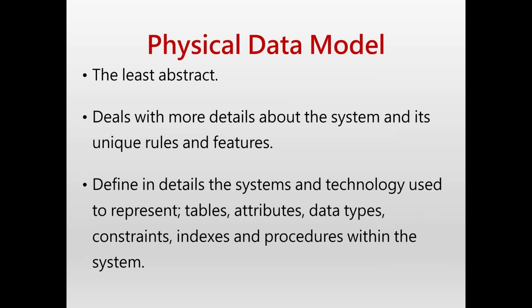So I have to add constraints here to make sure that this field will not be duplicated. I have another field that is date, so I need to adjust the data type to accept only date. For example, the price. The price is not less than $10. So I have to adjust the validation and the constraint that will prohibit the user from entering any price that is less than $10.